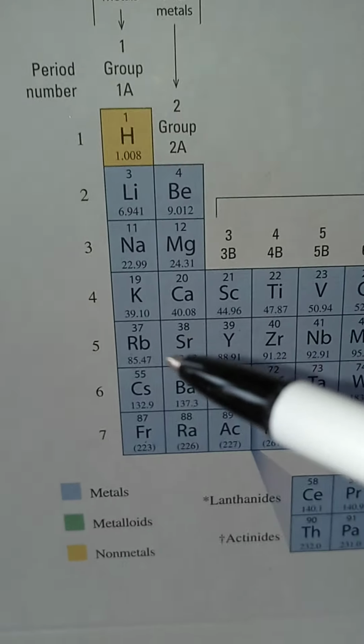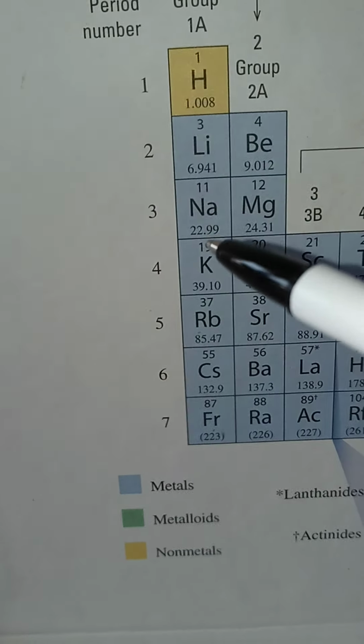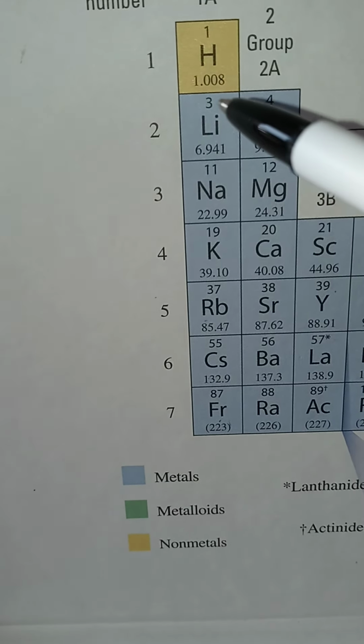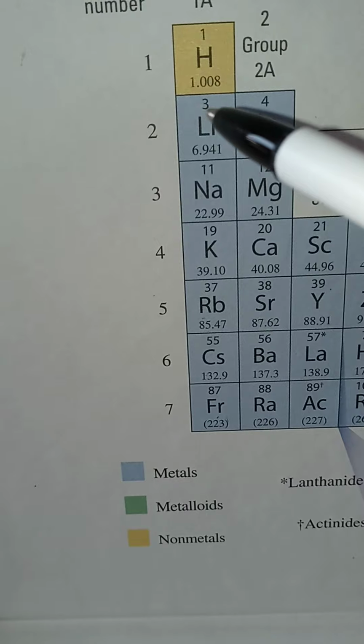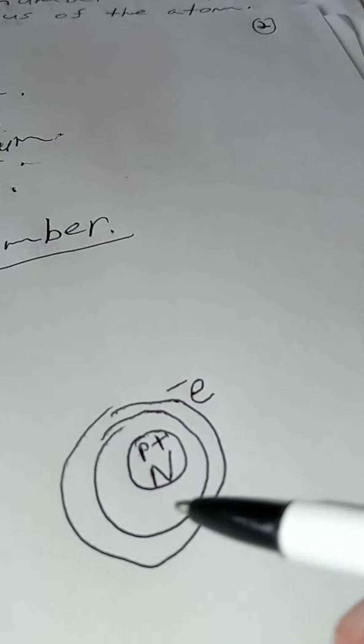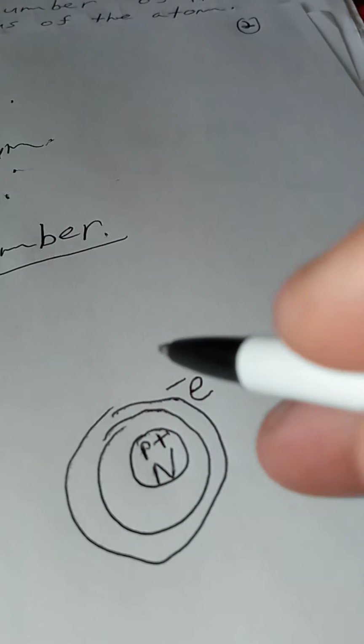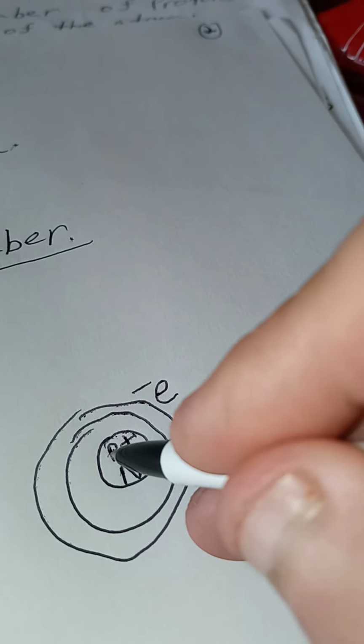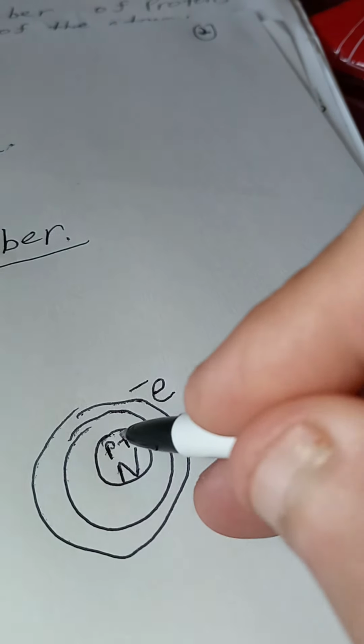Hydrogen has 1. Lithium, which is capital L and a small i, has 3 as its atomic number. Now, what that means is that lithium, which has atomic number 3, has 3 protons in the center of the atom.